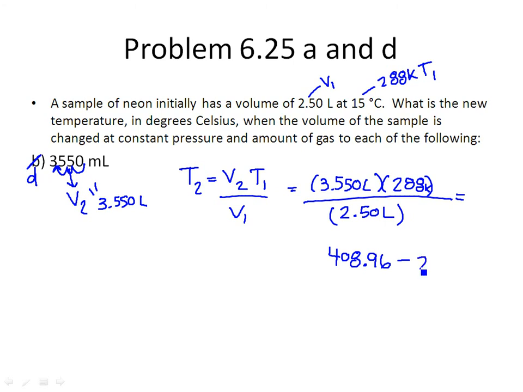We subtract 273, and we get 136 degrees C. This is what we get in Kelvin; we subtract 273, and we should get 136 degrees C. And that wraps up problem 6.25.